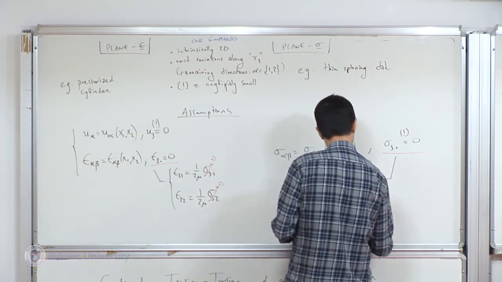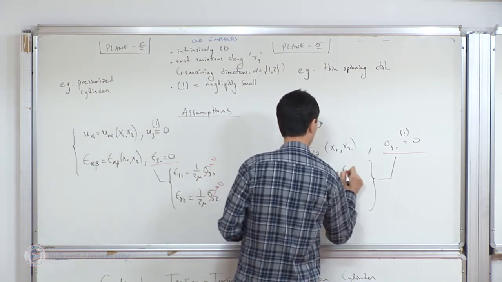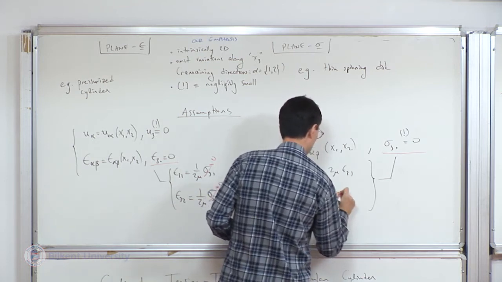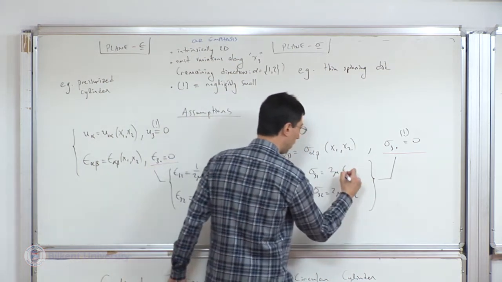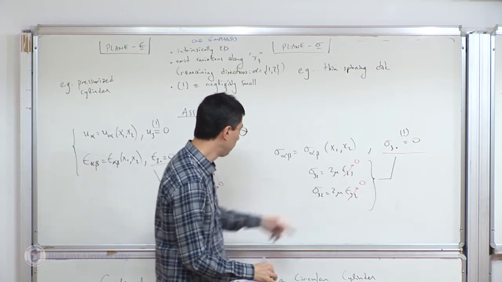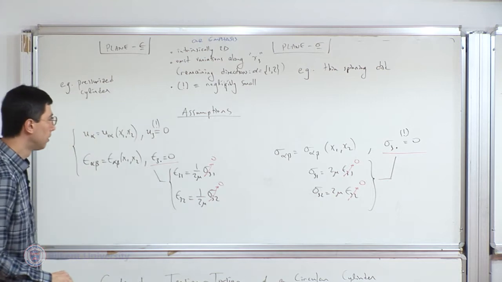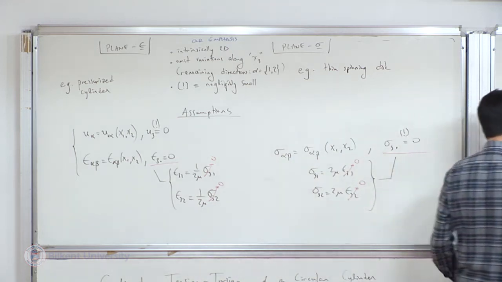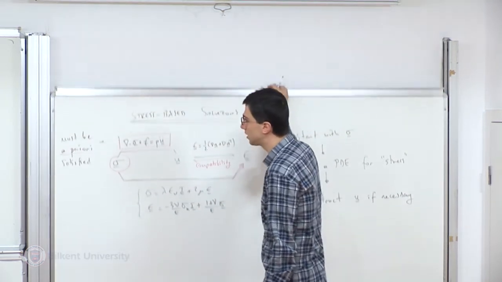But similarly, since sigma 3, 1 is 2 mu epsilon 3, 1, and sigma 3, 2 is 2 mu epsilon 3, 2, and since sigma 3, 1 and 3, 2 are 0, I see that the two components of the out-of-plane strain, epsilon 3, 1 and 3, 2, have to vanish. My assumption is concerning the stress, but those components automatically also vanish. That's something that we deduced from the isotropic linear elasticity relation.